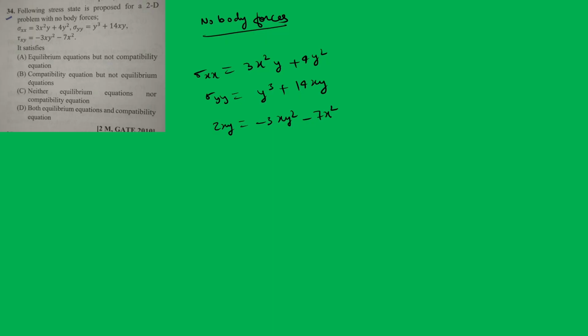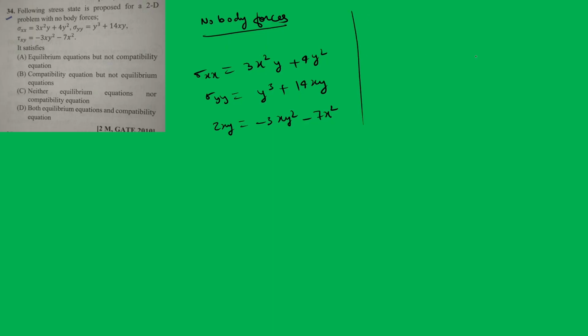They are saying no body forces, and they have given you sigma xx is equal to 3x square y plus 4y square, sigma yy is equal to y cube plus 14xy, and tau xy is equal to minus 3xy square minus 7x square. They are asking whether it satisfies the equilibrium or compatibility or not.